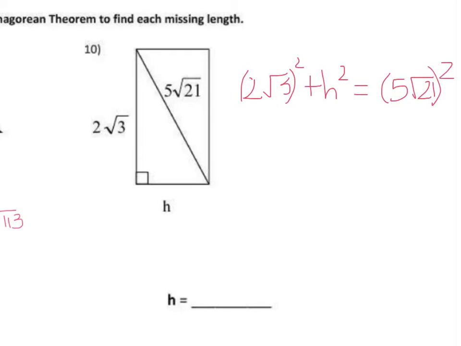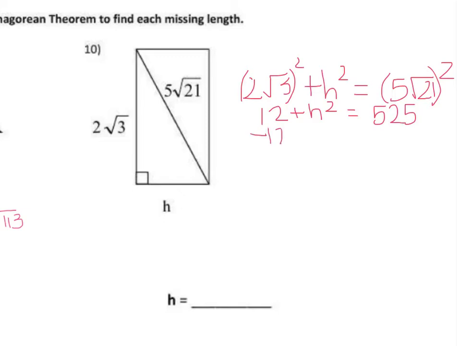So 2 root 3 squared would actually be 2 squared and root 3 squared. 2 squared is 4, root 3 squared is 3, 4 times 3 is 12, plus h squared. And then 5 squared is 25, root 21 squared is 21, so 25 times 21 is 525.